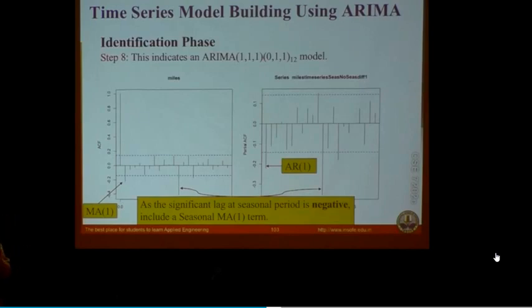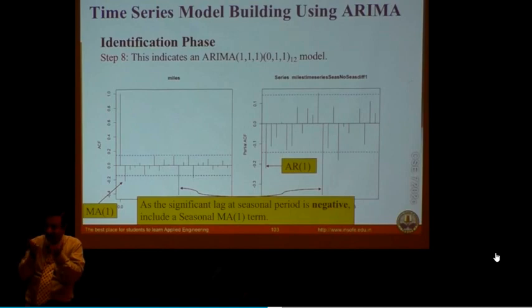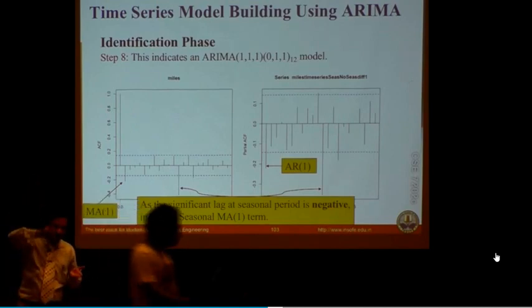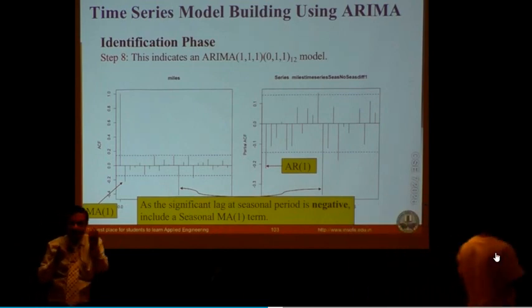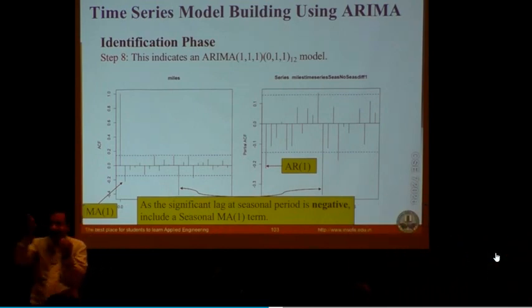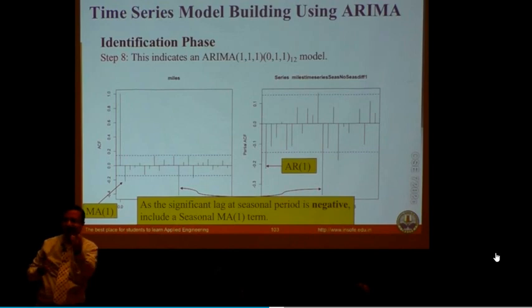The negative autocorrelations indicate that you have over-differenced the data. And to account for that, you add a moving average to get rid of some of that over-differencing. If there is positive autocorrelation, it shows that you have under-differenced, you have not differenced enough. So add an autoregression to take care of whatever has not been taken care of by the differencing.